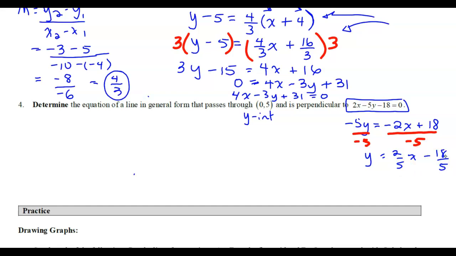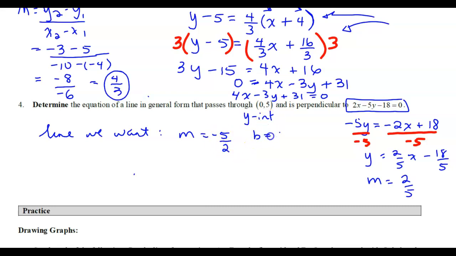So the slope here of this line is 2/5. The line we want has slope of what? If it's perpendicular to 2/5. Right. Flip it and change the sign. Called negative reciprocals when we're talking about our math words, right?